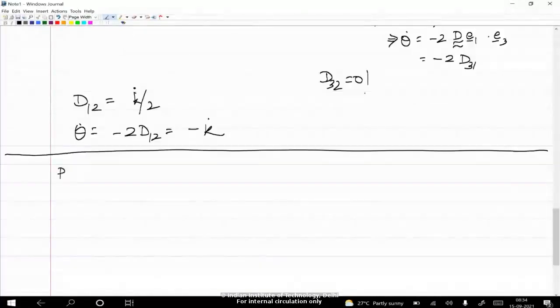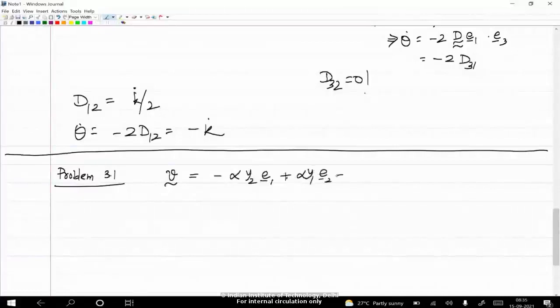So this is of course problem 3.1 from the book. It says that the velocity field for a continuum, so I'm just saying continuum, which means it can be fluid or solid, is given by this formula: minus alpha times y2 e1 plus alpha times y1 e2 plus beta times e3.